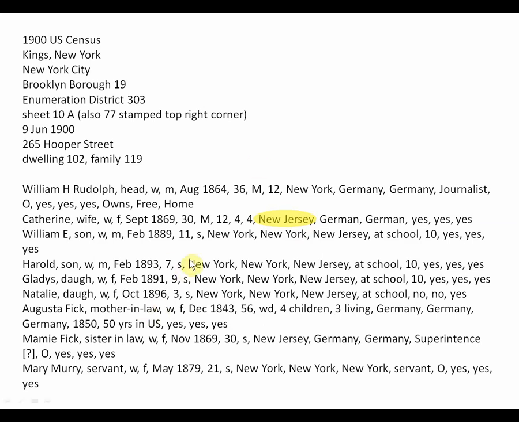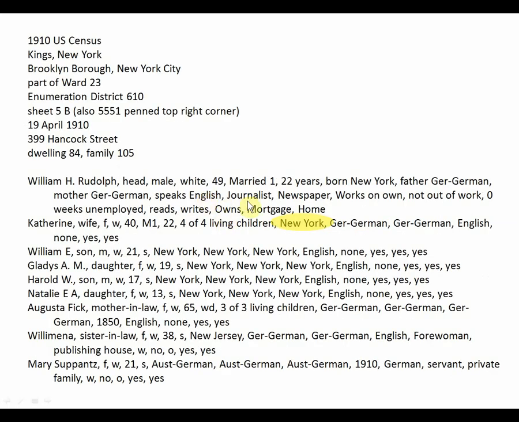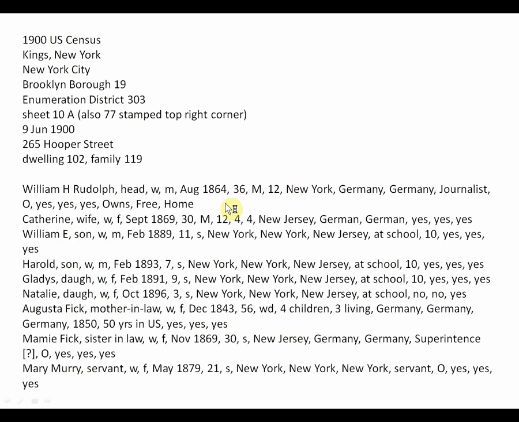I do have an approximate year of marriage. In the previous census, they had been married 22 years. In 1900, they had been married 12 years. So they're consistently saying that they were married in 1888, and their first son was born in 1889.